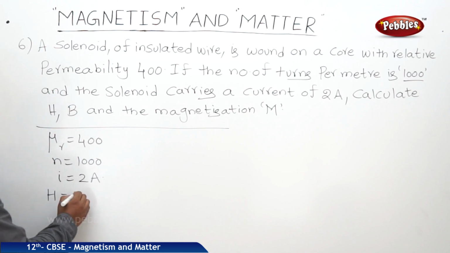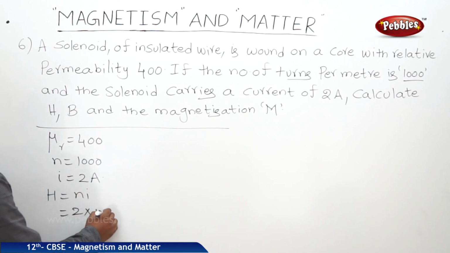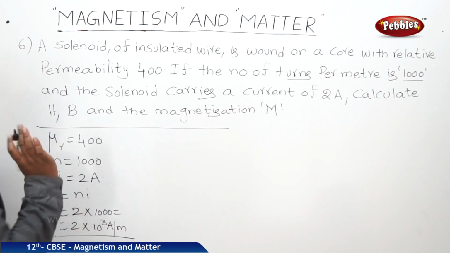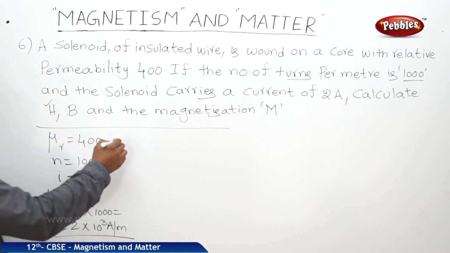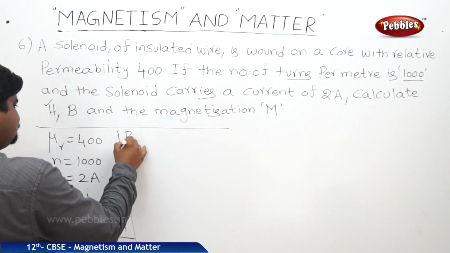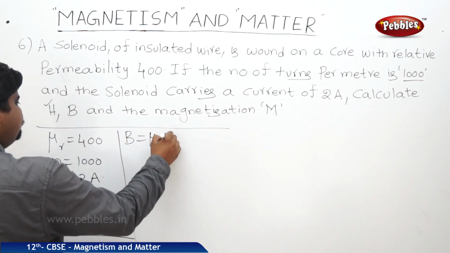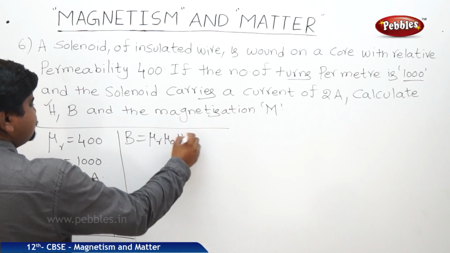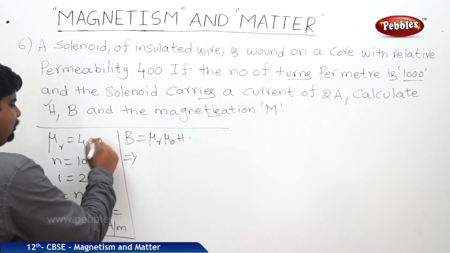So H is equal to nI. So 2 into 1000, therefore 2 into 10 cube A by M. H value was found. This was one. B is equal to mu R mu naught H. Mu R is 400.